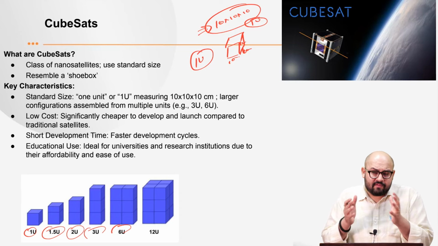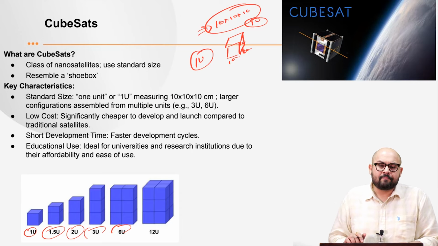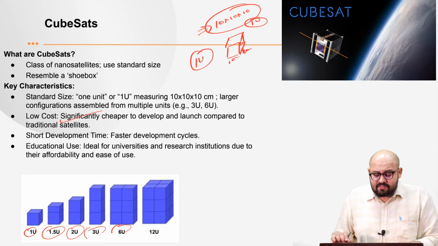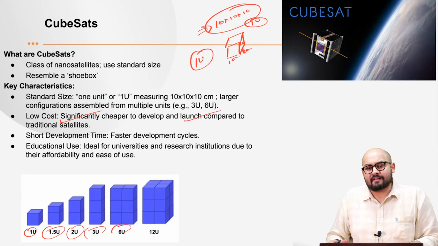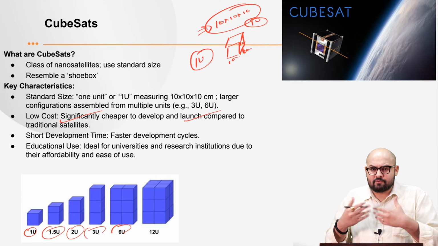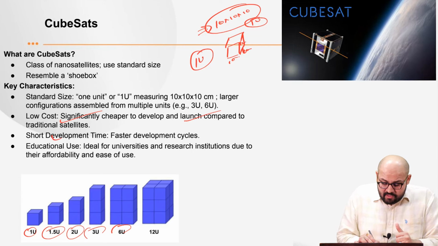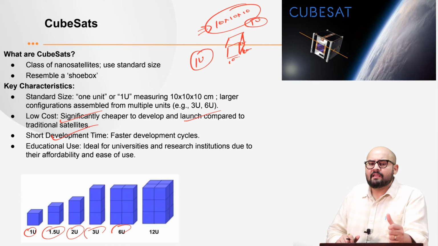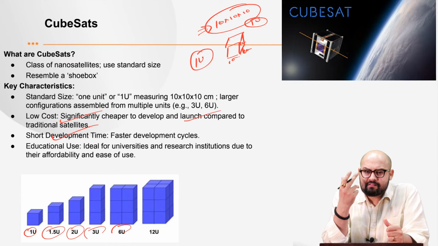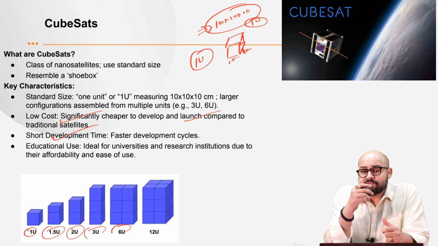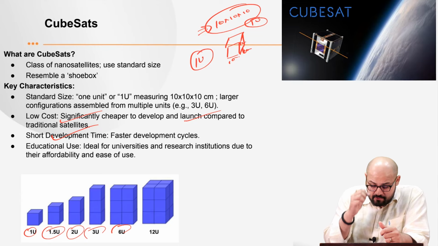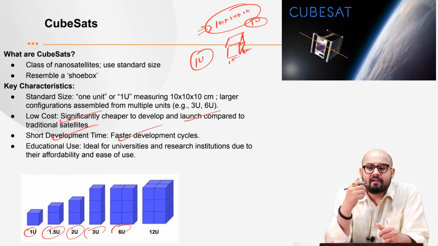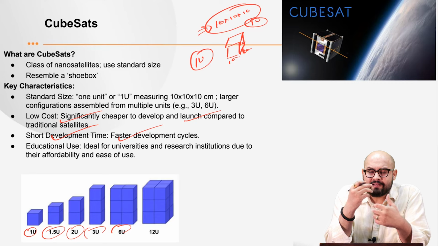Next is, because of its small size, it is significantly cheaper to develop and launch as compared to traditional satellites. Obviously the size is much smaller, easy to assemble, right? Then we have got short development time frame. The ease of development of these CubeSats, because of the standard size, leads to faster development.